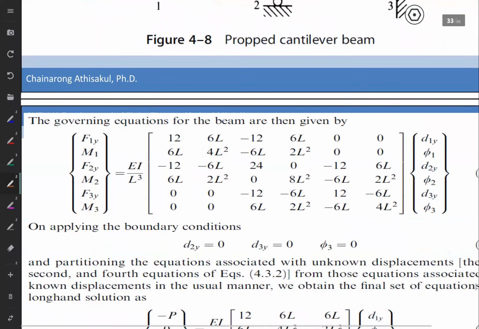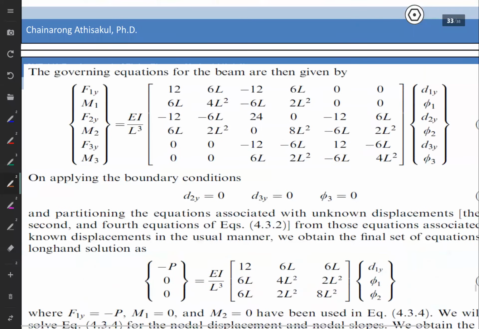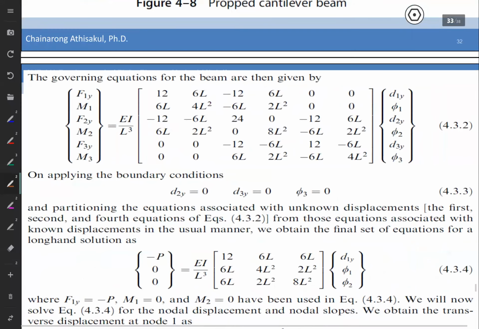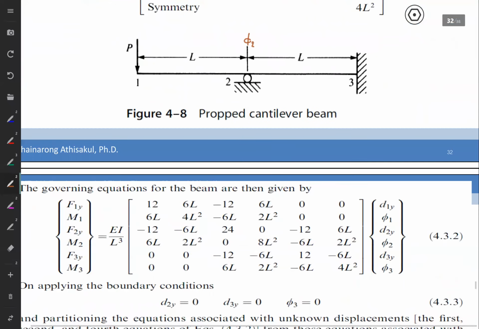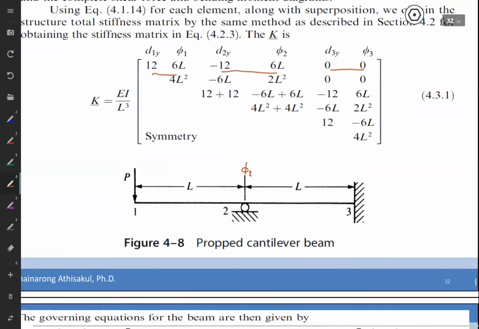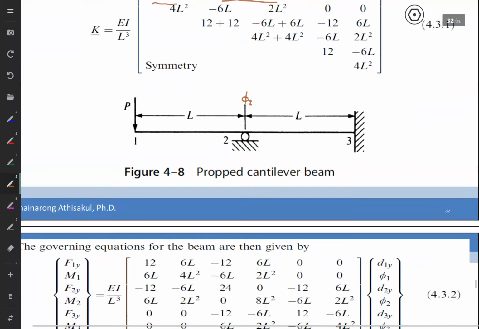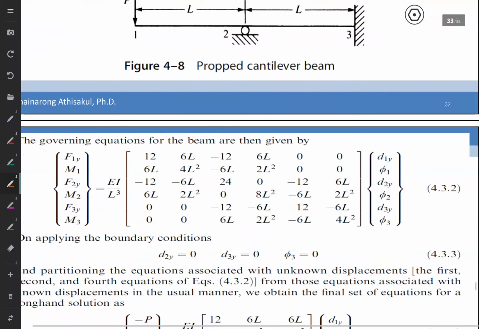This is the governing equation that we obtain after we substitute the constant values into the global stiffness matrix and simplify the equation.